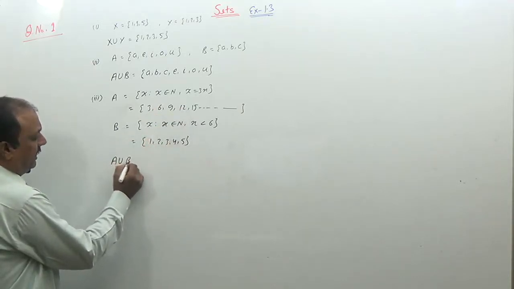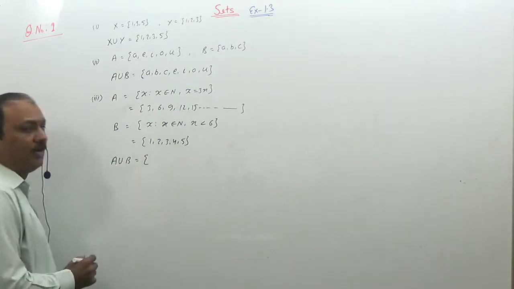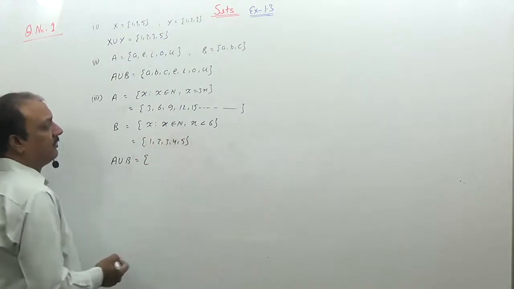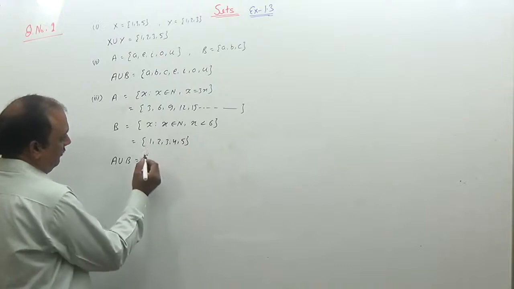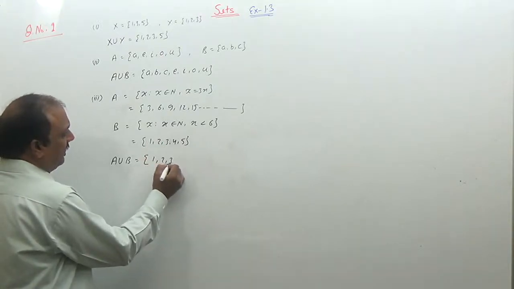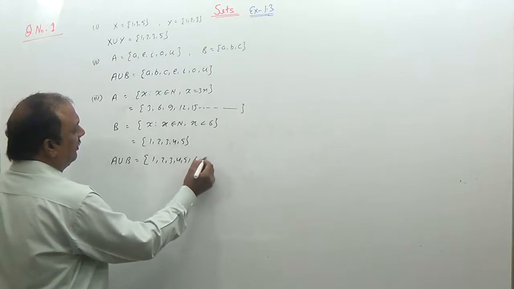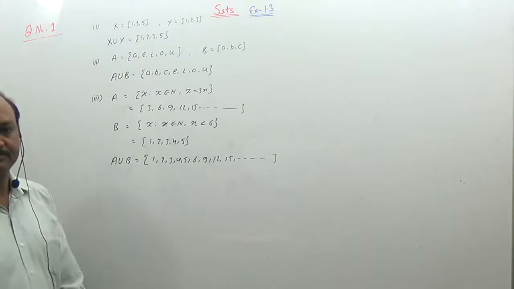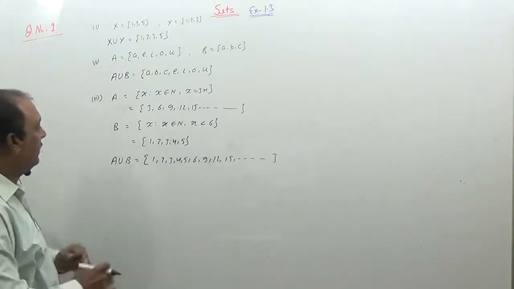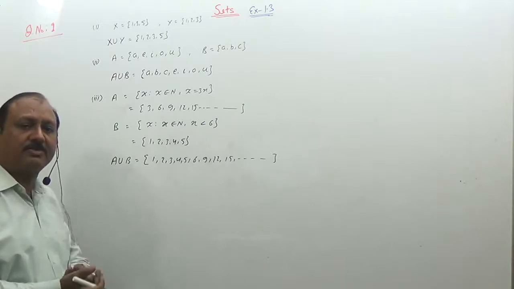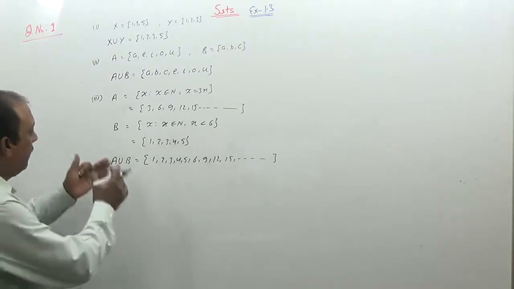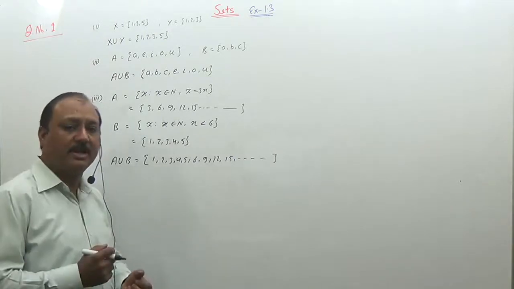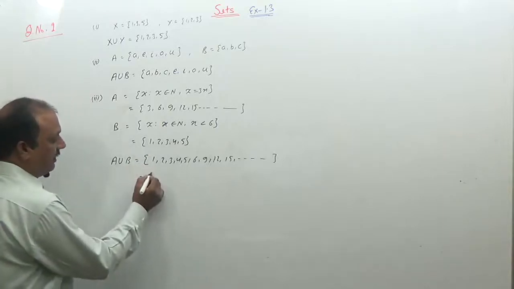So A union B is the set containing each element of set A as well as each element of set B. One method is, this contains 1, 2, 3, 4, 5, 6, 9, 12, 15 and so on. This is a roster form. We have combined both sets A and B, which contain all elements of set A as well as all elements of set B. But in this third case, the question is given in set builder form, so our answer should be in set builder form. So convert this one into set builder form.